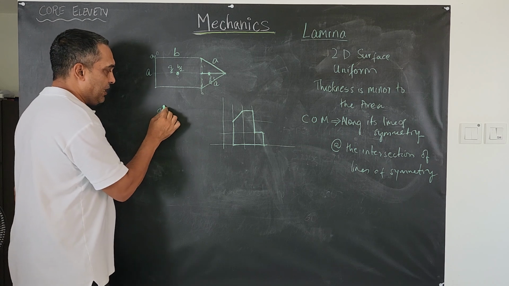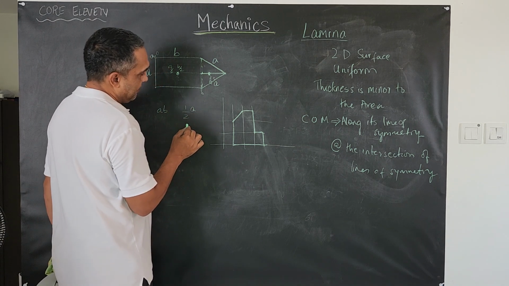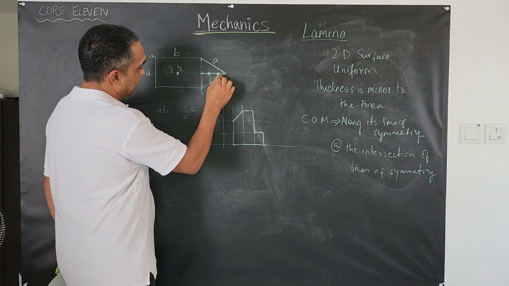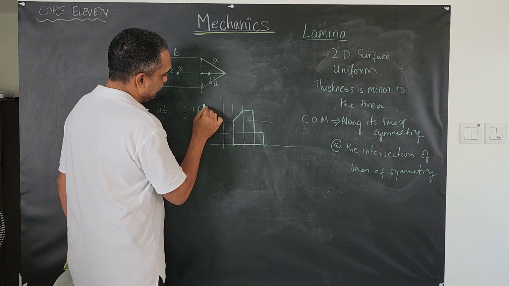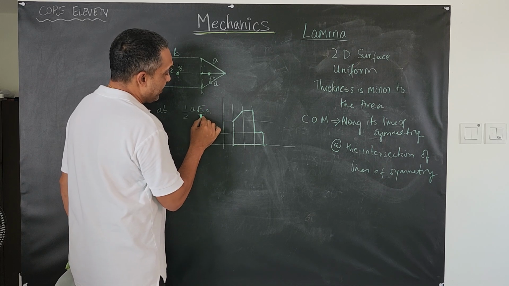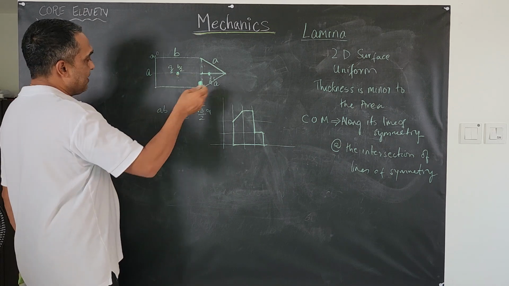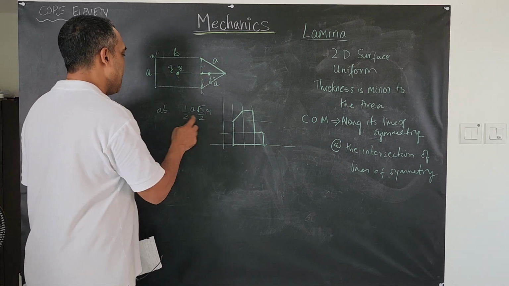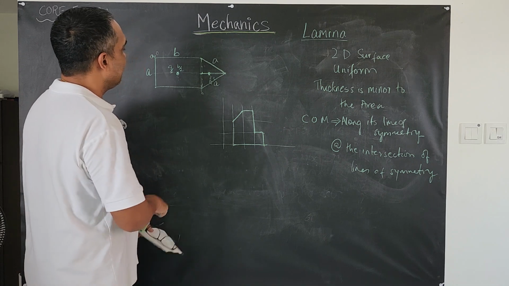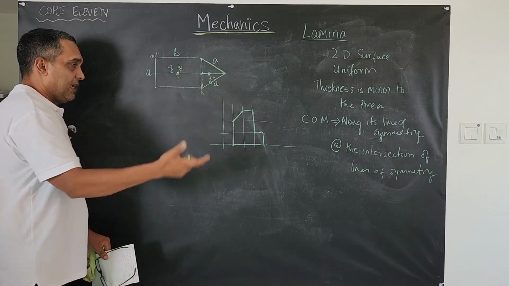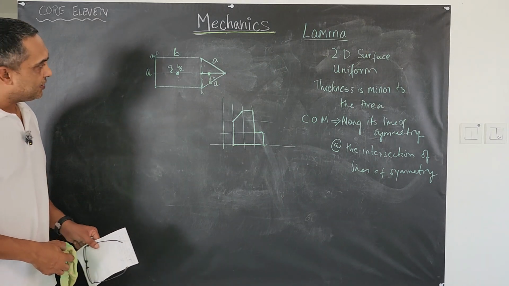So this area is AB, the other area is, say, half of A, this is half of A, and this is root 3A. Is it root 3 by 2A, right? And I know that area. Once I have the two areas, I can see how the mass would look like, and then I do mass times distance, and I can calculate the new center of mass. Again, easy to work on this problem.